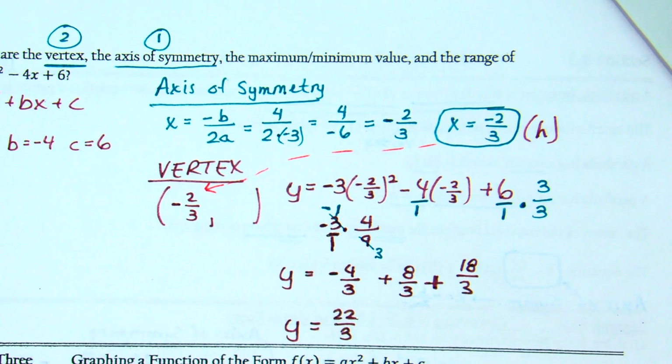If you put this in a calculator, it gives you 7.333. Do you know on your calculator how to change from a fraction to a decimal?